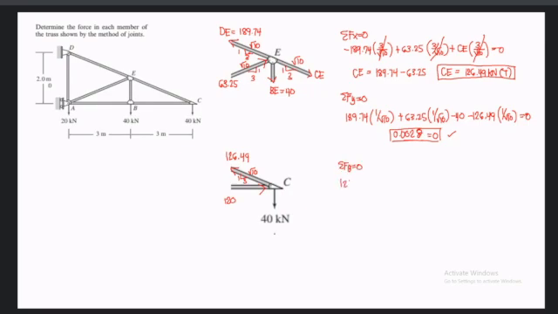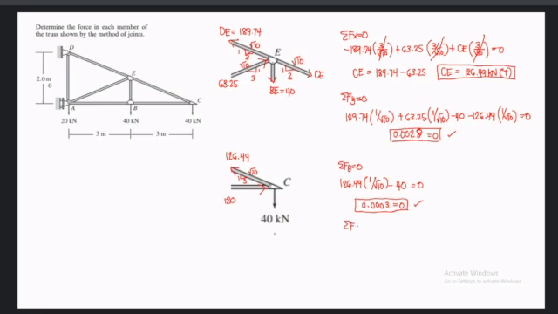So this will become 126.49 times 1 over square root of 10. And then minus 40 is equal to 0. So that's equivalent to 0.0003 is equal to 0. So sobrang lapit na niya sa 0. No, so that means tama yung sagot natin.